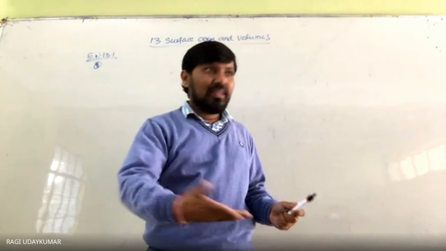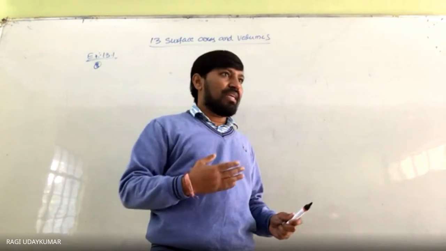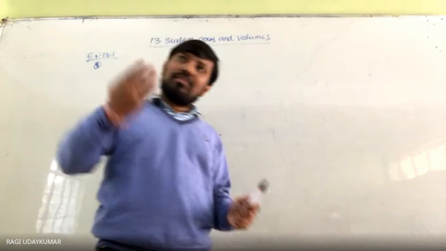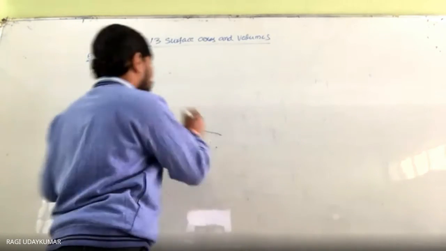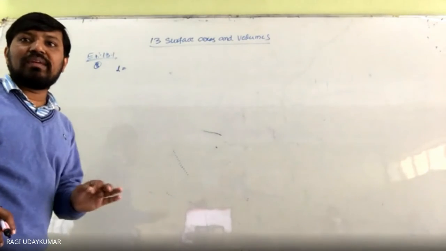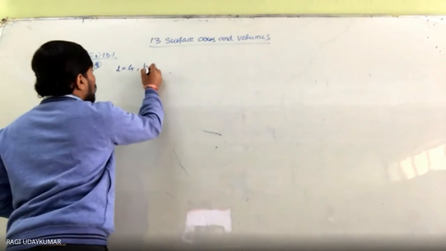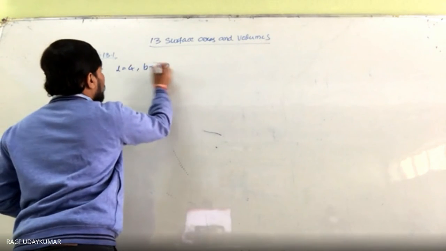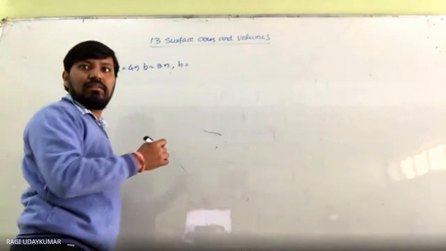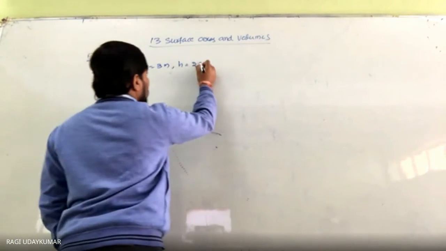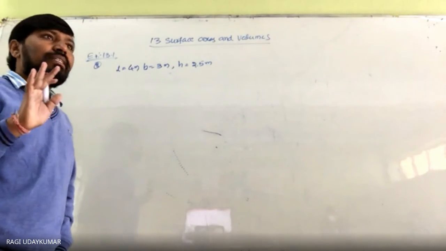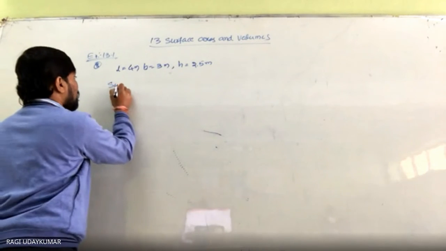And next was the room painting problem, where nothing is below. Same like this, only for this problem, what to do to find the area? The length is given as 4 meters, breadth is given as 3 meters, and height is given as 2.5 meters. So what is the question here?